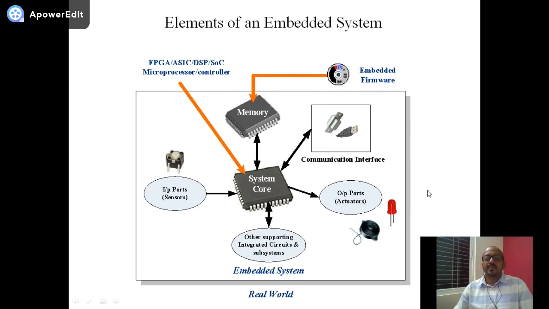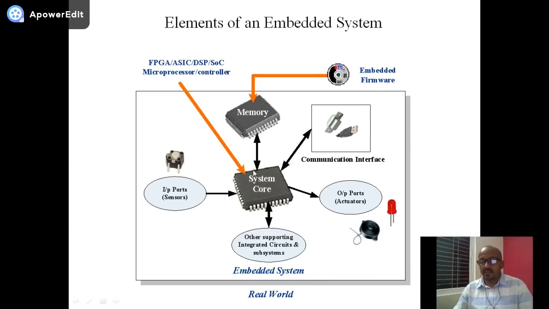So once again, let us have a look at the elements of embedded systems. Embedded systems are built around the core. The core can be a microcontroller or a microprocessor or an FPGA, DSP or SoC, system on chip. Then the embedded system has hardware, memory.